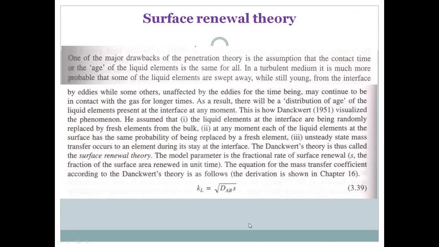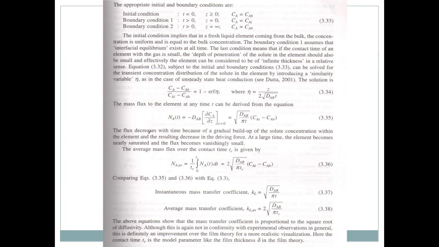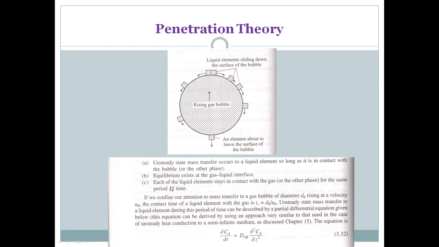Then the third theory is surface renewal theory. Surface renewal theory is nothing but a modification of penetration theory. In penetration theory, one assumption was that each of the liquid elements stays in contact with the gas or the other phase for the same period, meaning all the liquid has the same contact time with the gas, but practically it is not possible. There will be different bubble diameters and other things will also come.